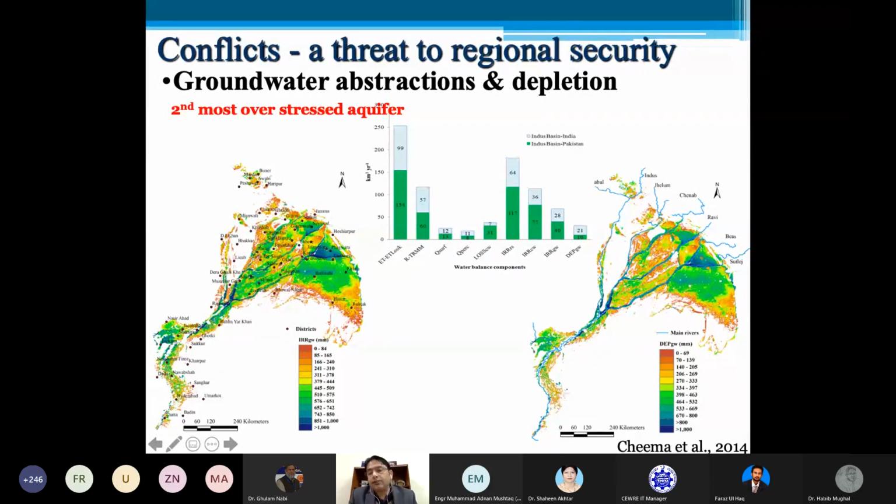In this part of the map, you can see the Punjab and Haryana states of India, and there is a lot of depletion there as well. In one of my works, we accounted for about 31 BCM of depletion over the year, of which about 21 BCM was from this particular part of the basin.